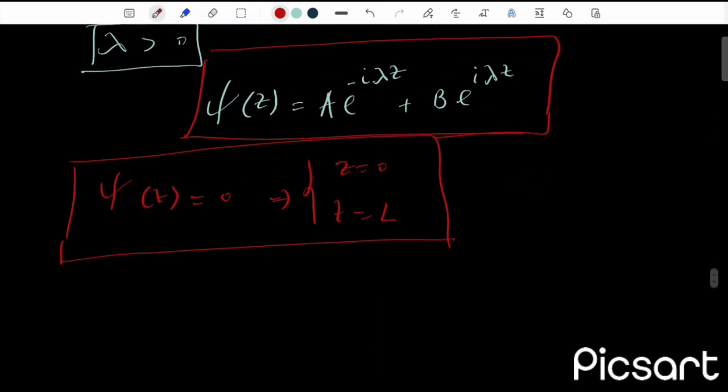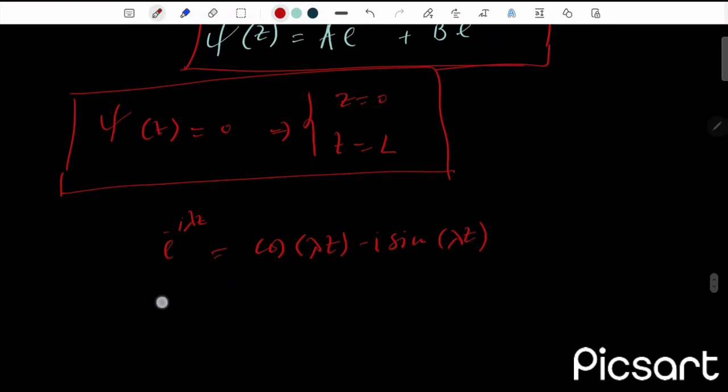On the other hand, we must also remember that e to the power minus i lambda z we can rewrite as cos of lambda z minus i sine of lambda z, and also e to the power i lambda z is equal to cos of lambda z plus i sine of lambda z.